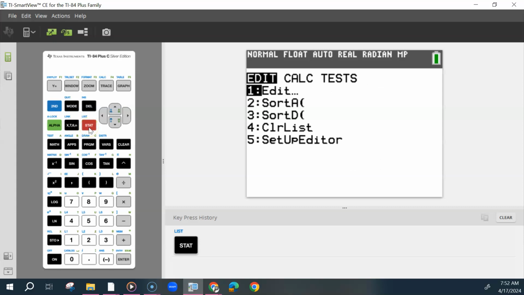Go look and see if there's an extra battery vector. Start typing in your numbers in L1 and L2. There's only two lists.